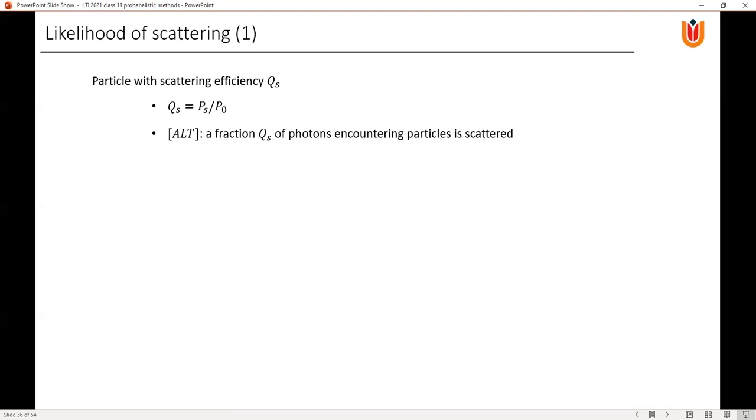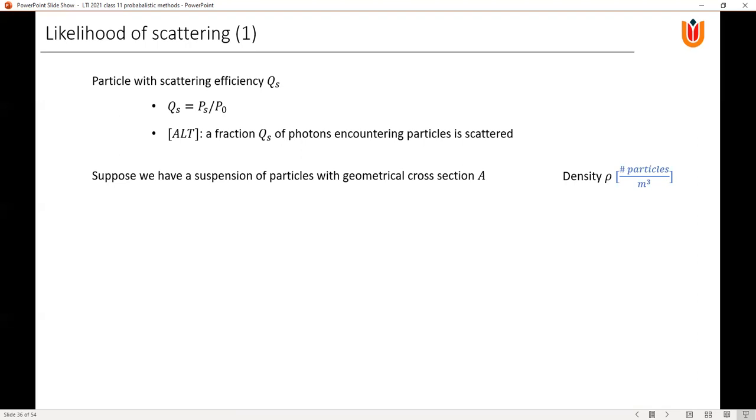So if the scattering efficiency is 10%, that means that 10% of the incident power is scattered, but you could also view it as only 10% of the photons that hit the particle are actually scattered, and the other 90% just continue as they went.